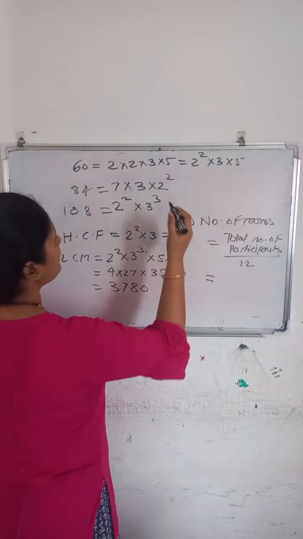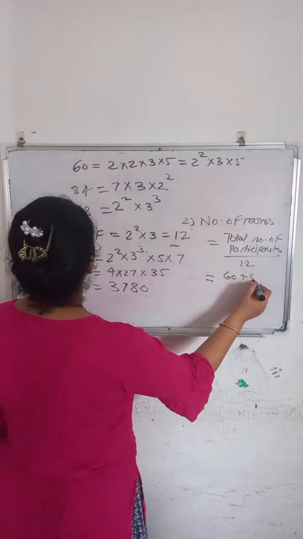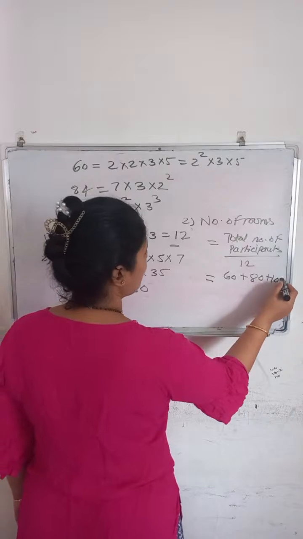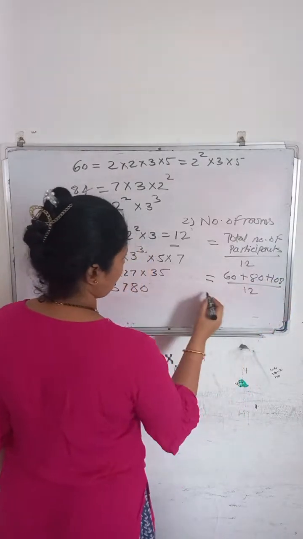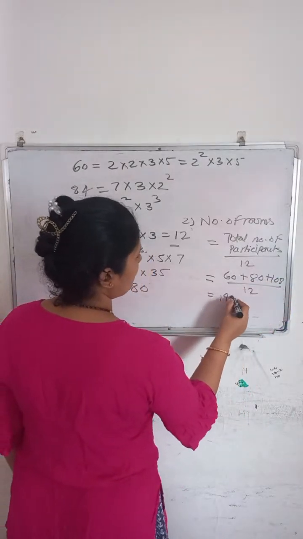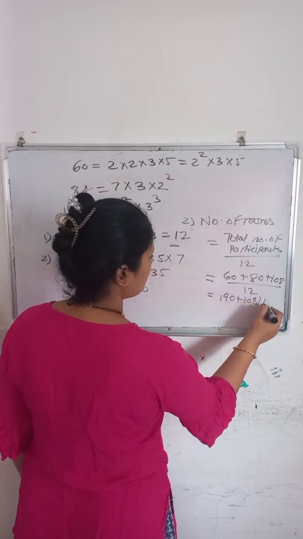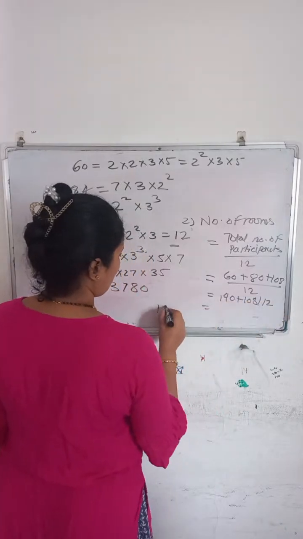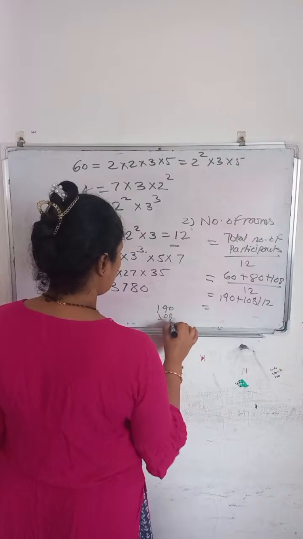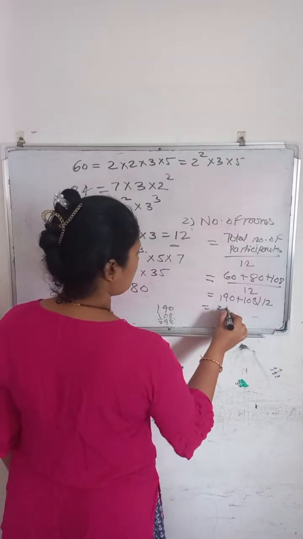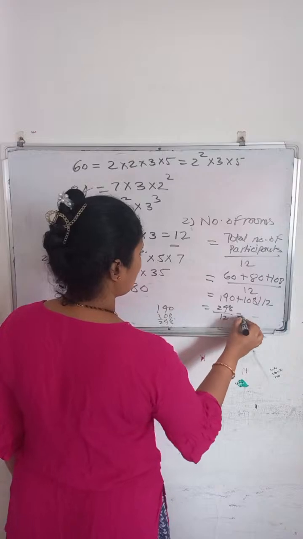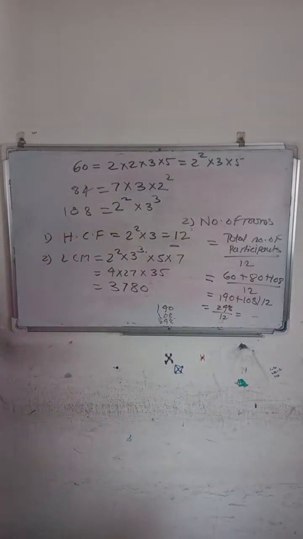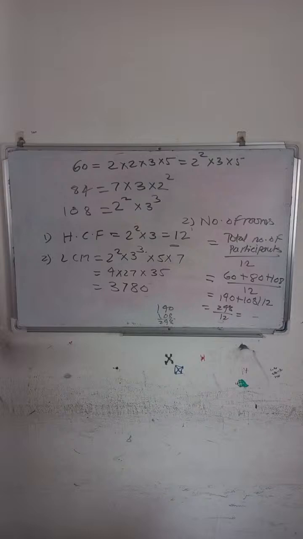So the total is 60 plus 84 plus 108 divided by 12. So 144 plus 108 is 252, divided by 12. Do this division and check.